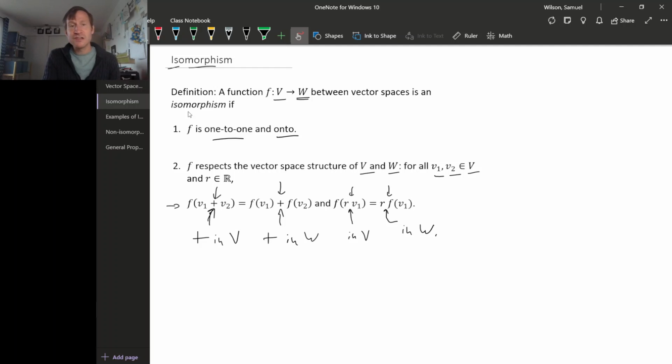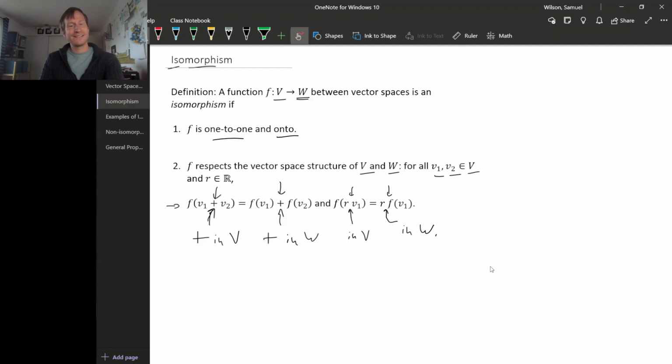So the idea with an isomorphism is that if there is an isomorphism between two vector spaces, we can sort of regard the two vector spaces as the same. And we'll make more precise later what we mean by the same, but essentially what's going to happen is any question you can ask or answer, or any calculation you can do in one vector space, you can turn into a question, calculation, or answer in the other vector space using an isomorphism, and you'll always get the same kind of answers.